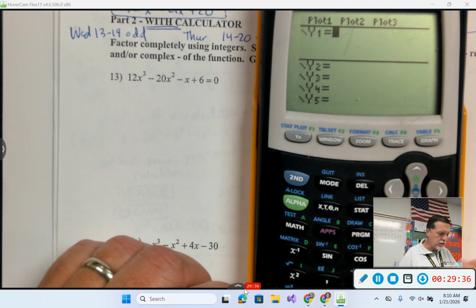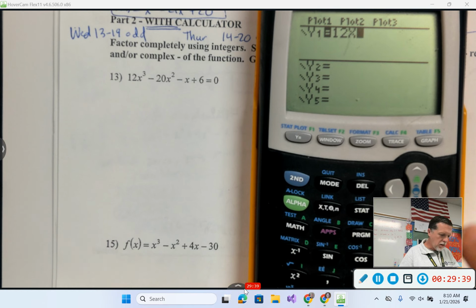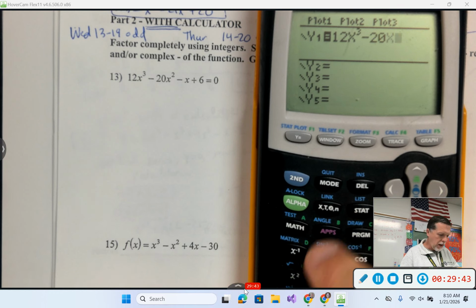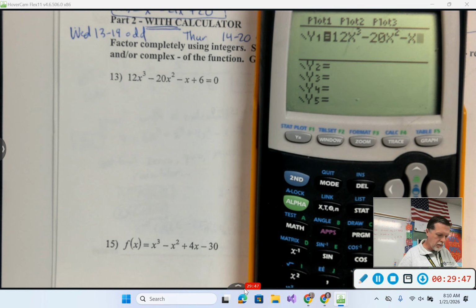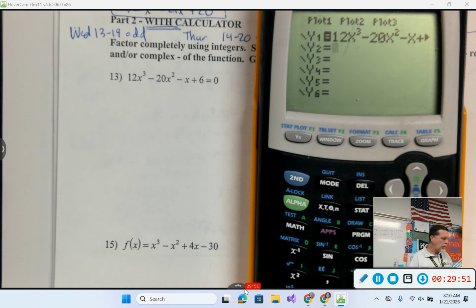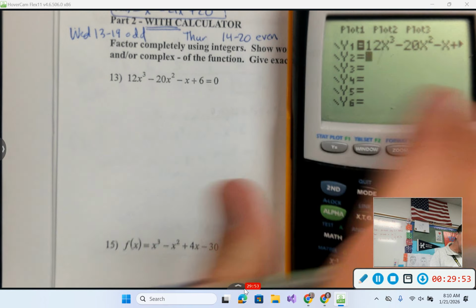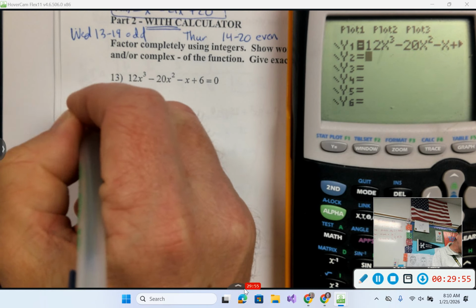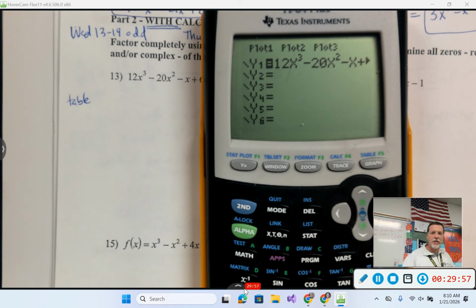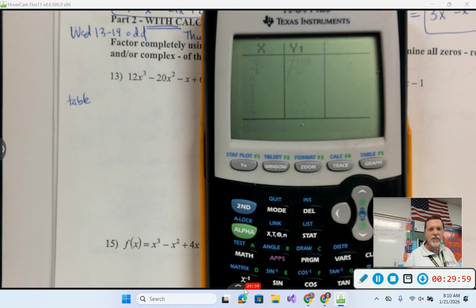So y equals 12x cubed minus 20x squared minus x plus 6. I think I'm even going to do the table first, in hopes that I find an integer answer. I honestly don't know if I'll find one or not, but it's easier.